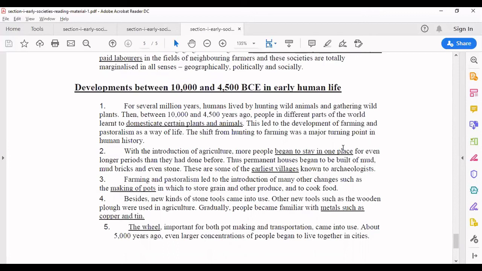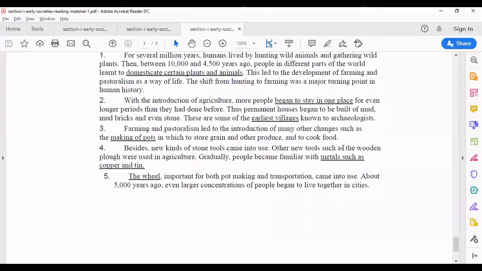And this led to the development of farming and pastoralism as a way of life. This shift from hunting to farming was a turning point in human history. Why? Another question here. Why?